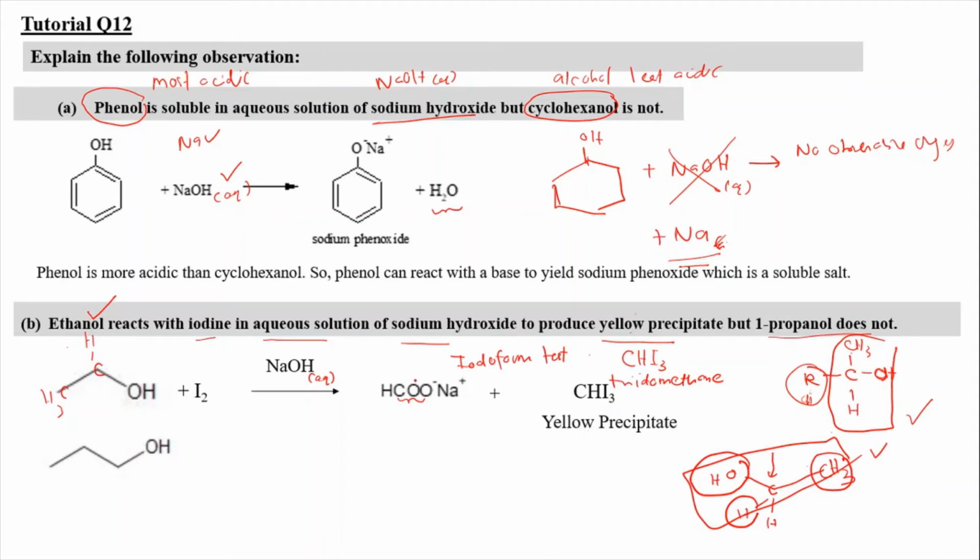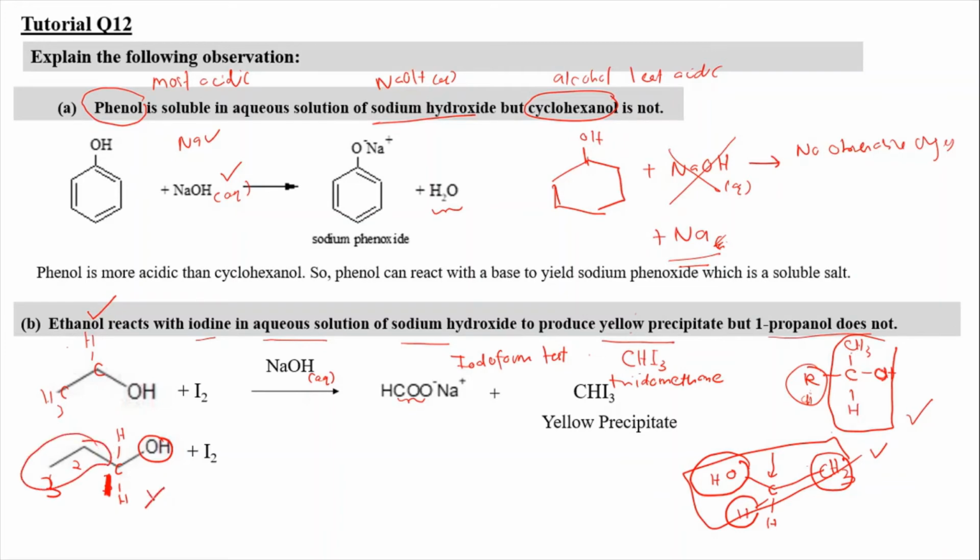Now, if I were to draw 1-propanol, it has 1, 2, 3 carbons, and here is carbon number 1 because it is attached to OH. This carbon has H, H, and then we have the ethyl group. So it does not have a methyl carbonyl group because it has an ethyl group here.